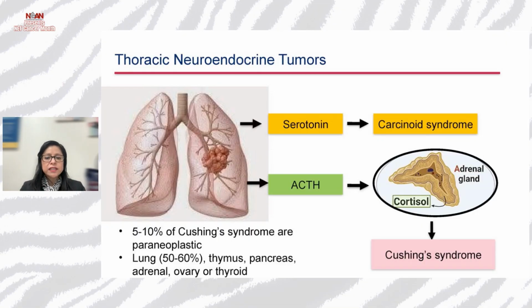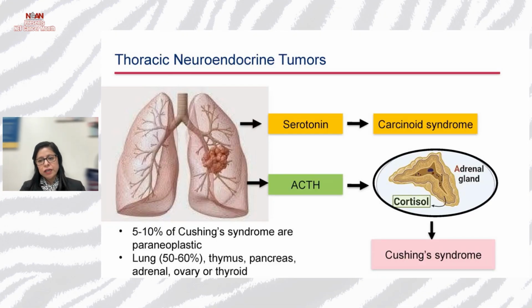ACTH is a long name, adrenocorticotropic hormone, which basically stimulates the secretion of cortisol in the adrenal gland. The adrenal gland is a small gland on top of the kidney, and if you cut the adrenal gland in half, as we can see in this picture, it has two layers.